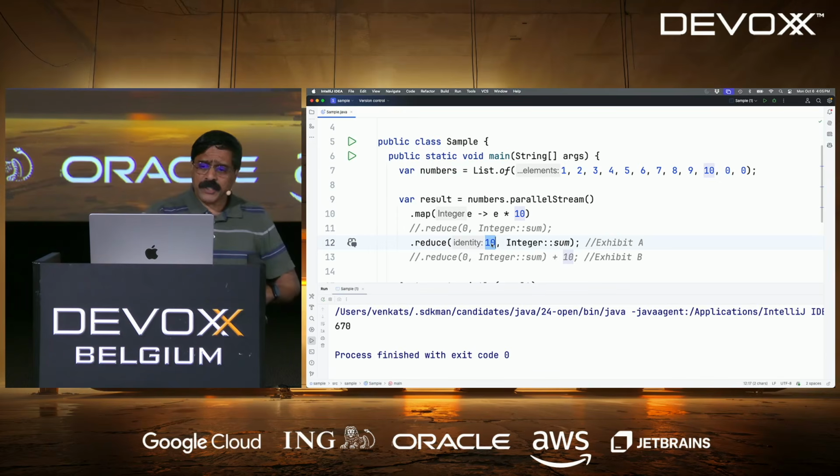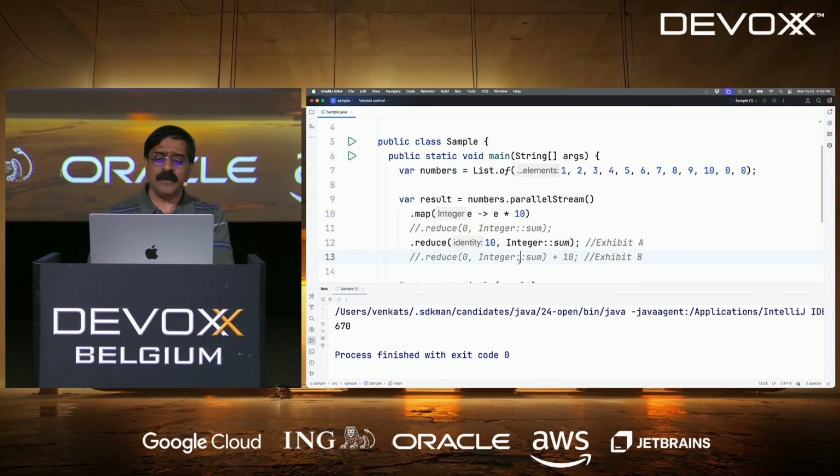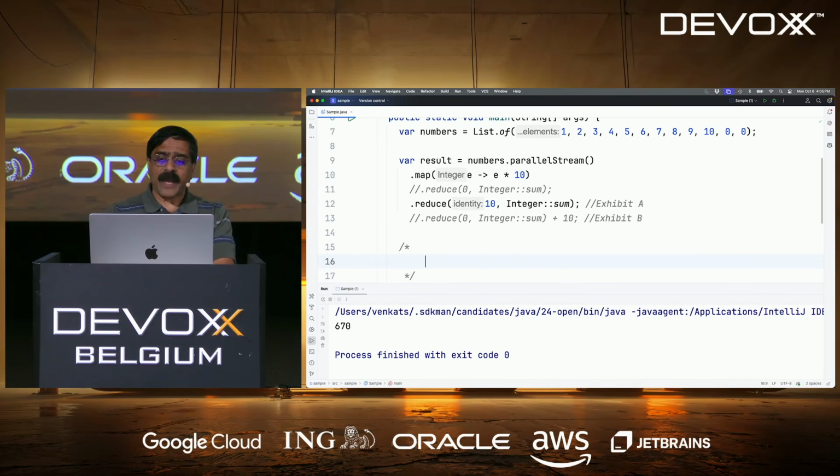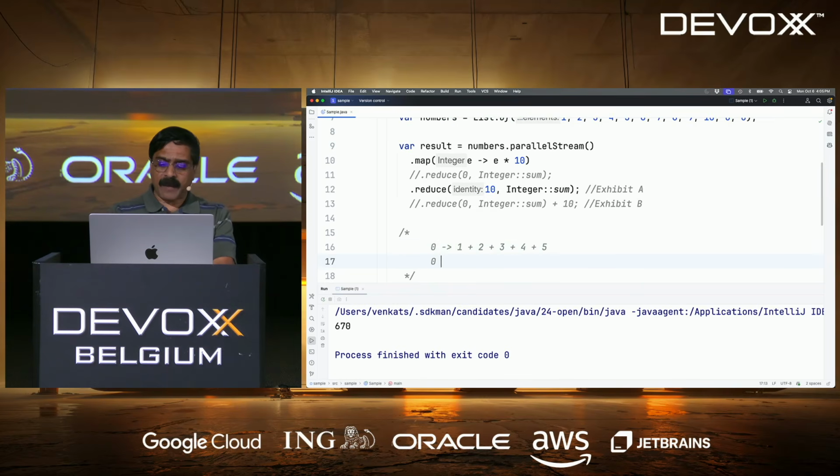So essentially, what's happening in this case is the reduce is saying, just as an example, right? It may be split differently under the hood, but reduce is saying the following. It says, take a 0 and work with 1 plus 2 plus 3 plus 4 plus 5, and at the same time take a 0 and work with 6 plus 7 plus 8 plus 9 plus 10.